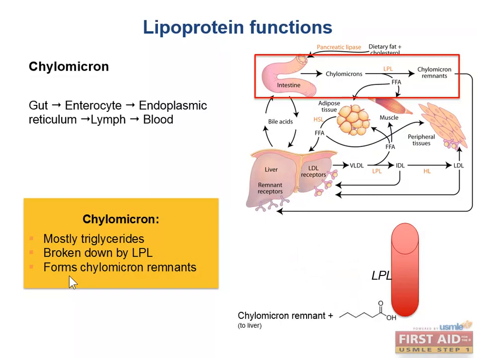These triglycerides can be fed into muscle tissue or adipocytes. Once they've delivered most of their triglycerides to the tissue, what remains is now called a chylomicron remnant. It makes sense, it's the remnant of a chylomicron. And this is going to transport cholesterol back to the liver.